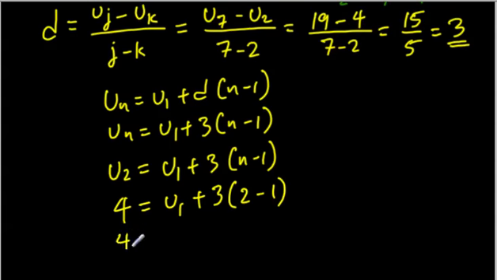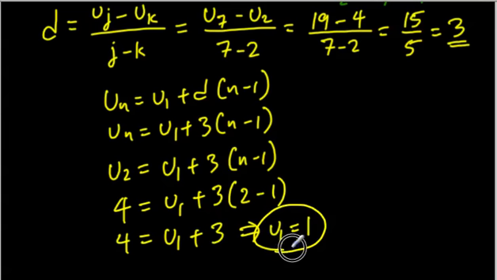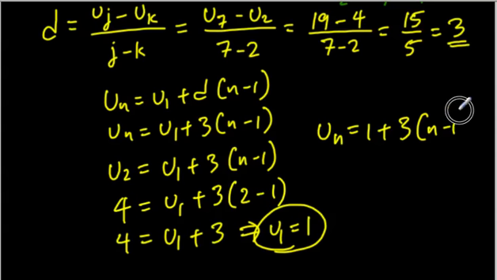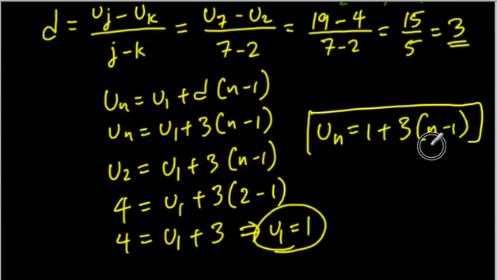So 4 is equal to u1 plus 3, since 2 minus 1 is 1. Therefore u1 is equal to 1, because 1 plus 3 is 4. So the general equation is un equals 1 plus 3(n minus 1). And this is our general equation.